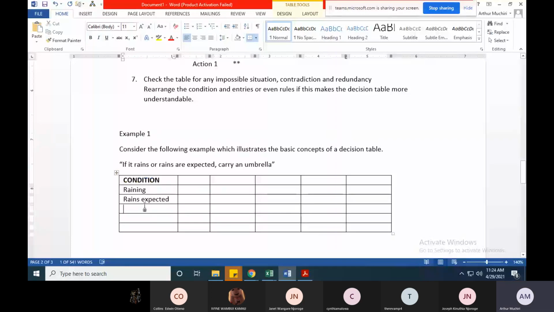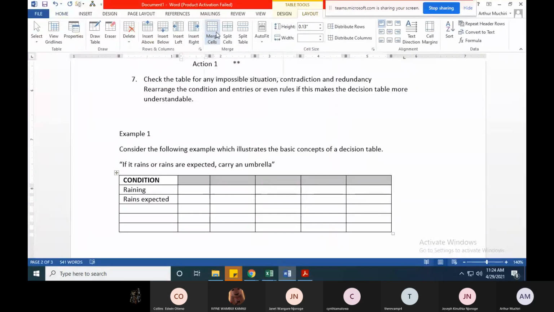Then after the conditions, you have the entries. So these ones here, we can merge them and call them entries. How many entries do we need? We said we have 4.